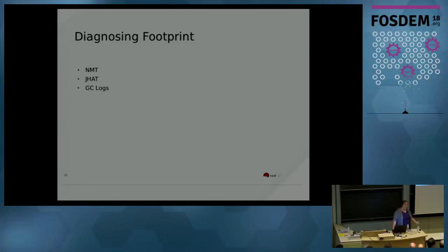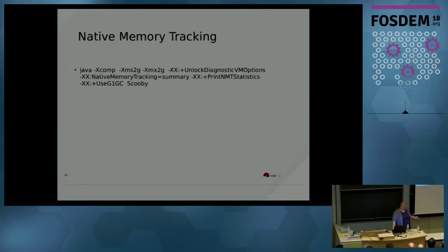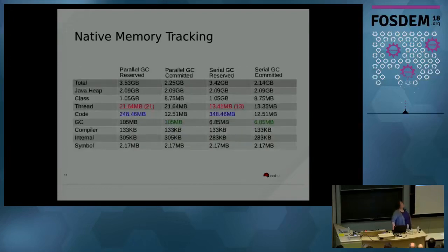And so what tools do we have to look at our memory footprint and figure out what's going on? Native memory tracking. Again, I've got the command lines here, mostly just so that if you guys are sitting there, you can look at them and just copy and paste them. But it's interesting to look at what native tracking tells you where your memory is going, right? So here's parallel GC and serial GC. Their heaps are the same size.